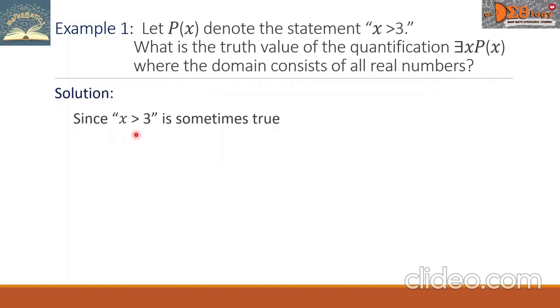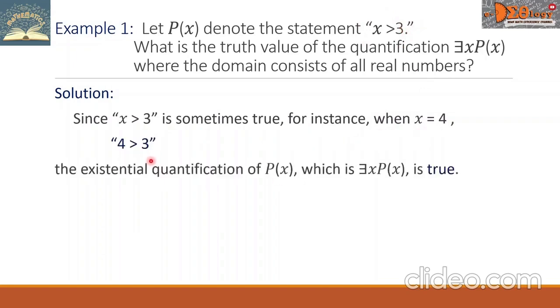Since x is greater than 3 is sometimes true, for instance, when x equals 4, the inequality here becomes 4 is greater than 3. Then, the existential quantification of p of x, which is for some x, p of x, is true.